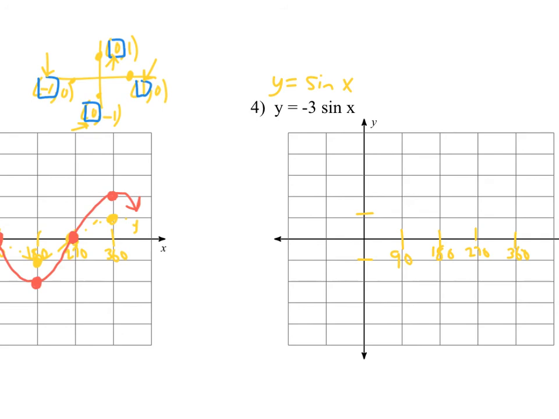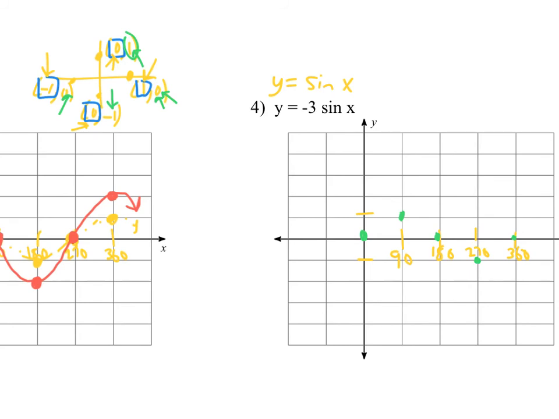In this case, the parent function is just going to be using the y coordinates, right? So it's going to start out at 0, goes up to 1. At 180, we are back down to 0. 270 is when it hits its minimum of negative 1. And at 360, we're back to where we started.